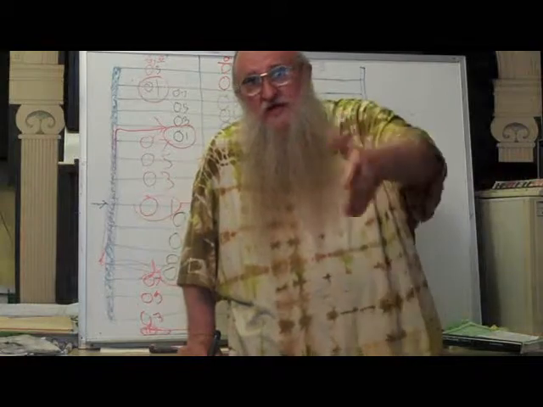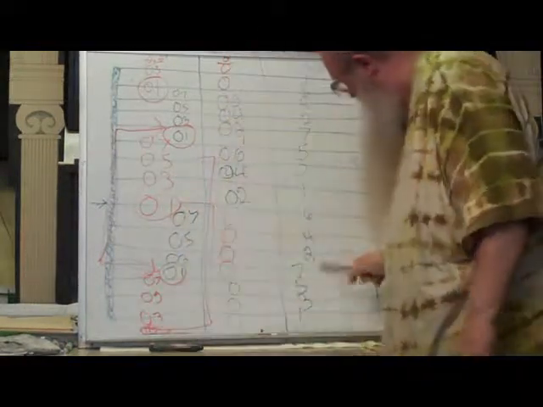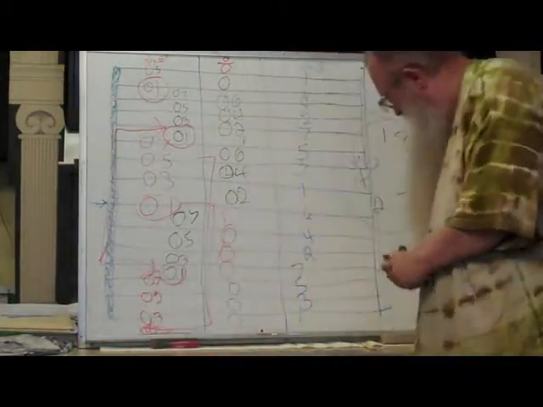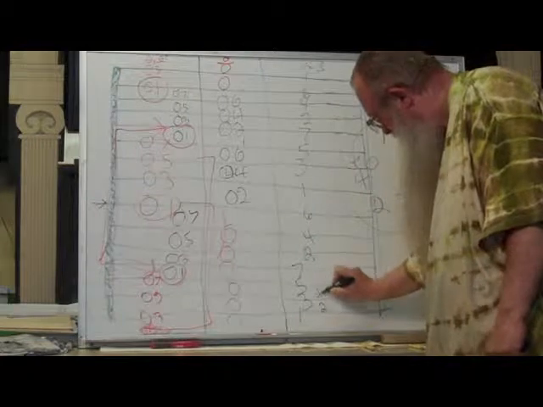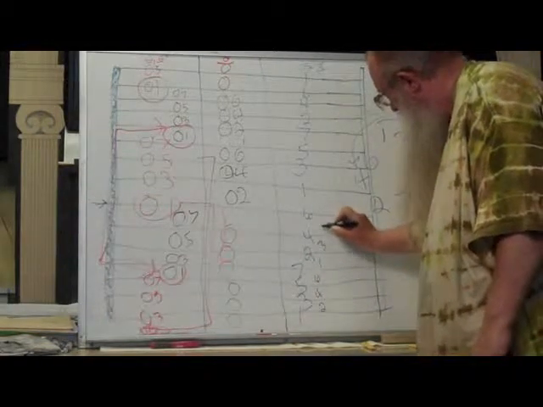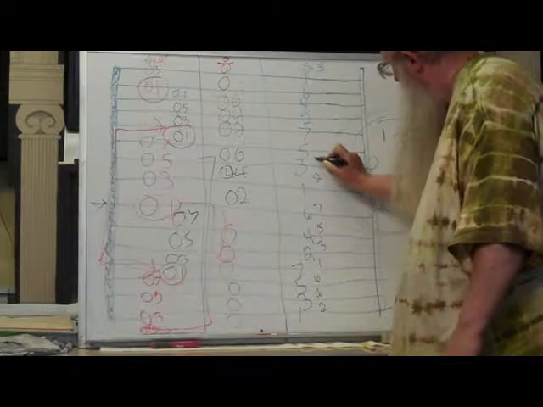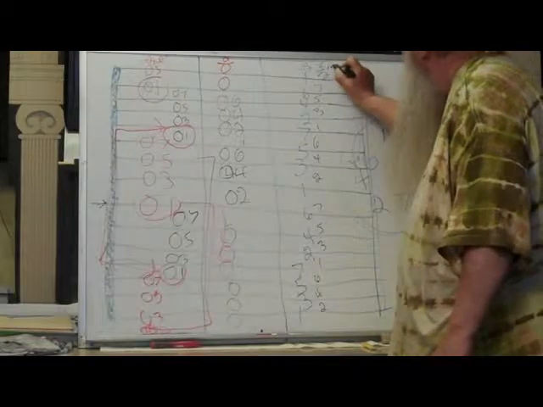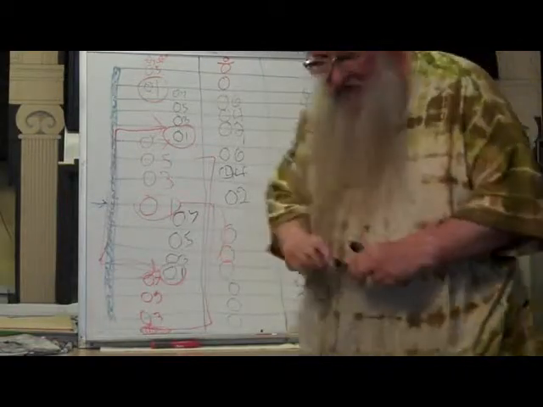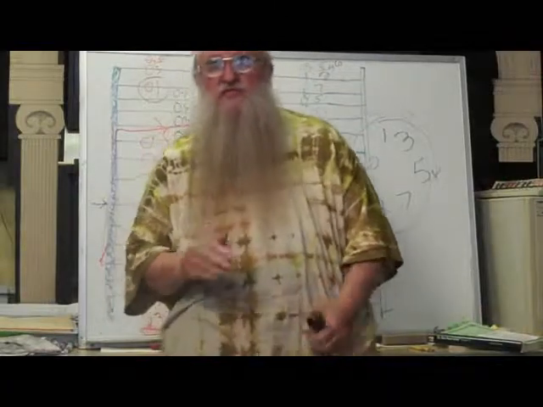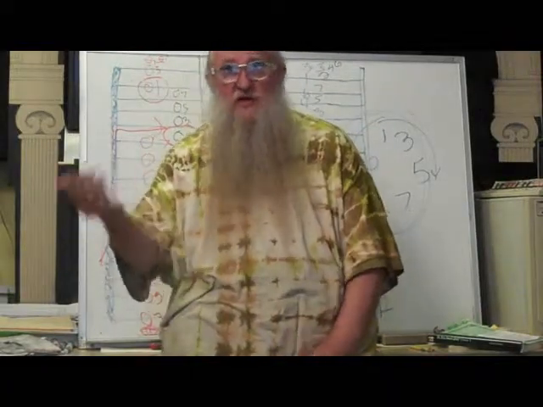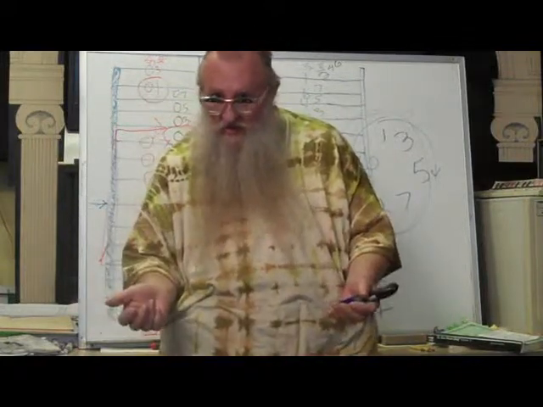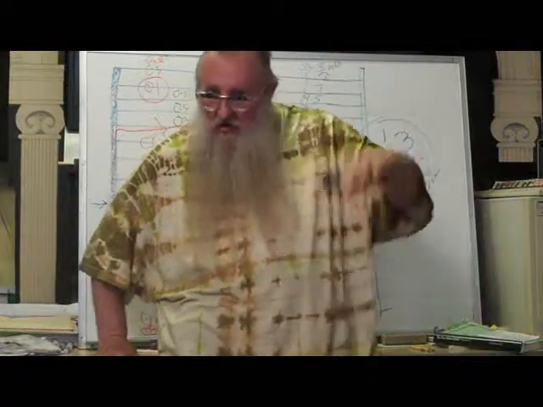And by the way, in between that pattern, if these are all lines, right here, this starts then with the number 2. And we have 2, 4, 6, 1, 3, 5, 7, 2, 4, 6, 1, 3, 5, 7, 2, 4, 6, etc. So the pattern 1, 3, 5, 7, 2, 4, 6, or backwards 1, 6, 4, 2, 7, 5, 3, 1, spells all the chords, gives us every line or every space.